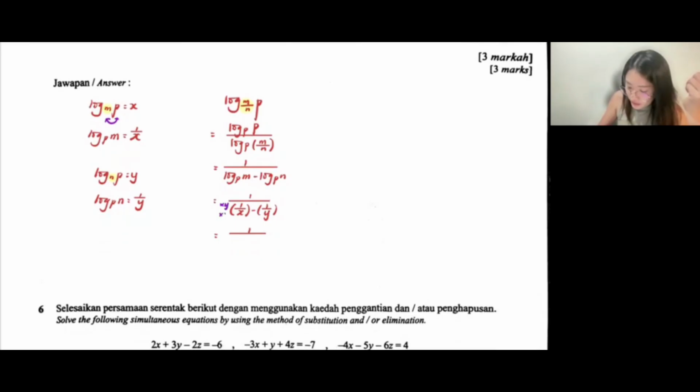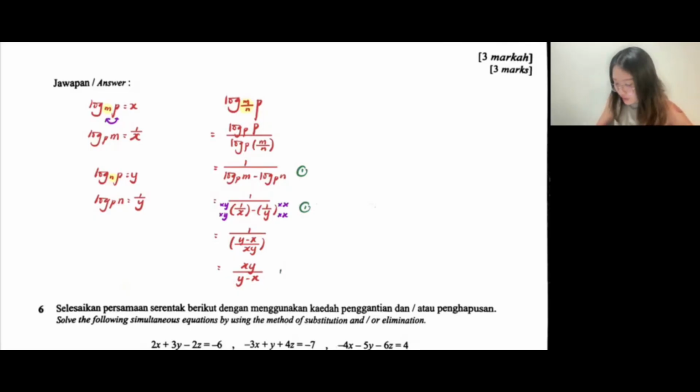We need common denominator. So this one times y, top and bottom, and this is x. So over here, we will get y minus x over xy. And then just invert it, that's your final answer. xy over y minus x. Marks, 3 marks over here will be given: number 1 here, number 2, substitution of 1 over x and 1 over y, and your final answer.